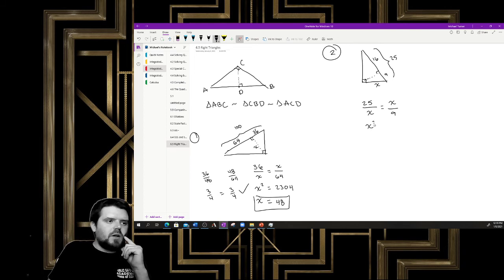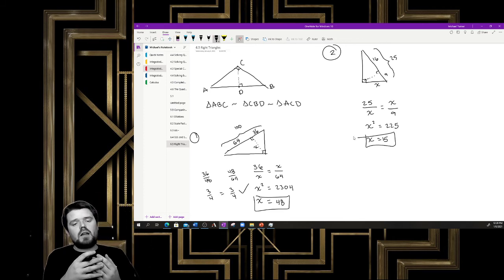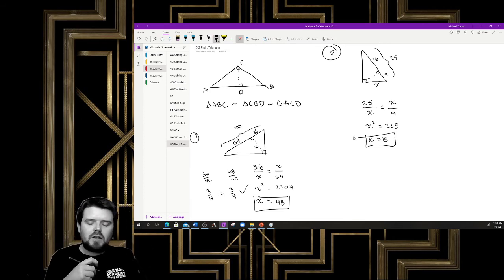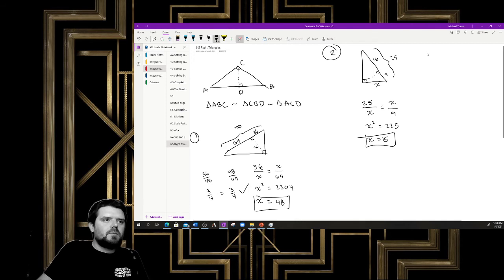So I cross multiply, I get x squared equals 225. And then take the square root, I get x equals 15. Of course, anytime you do a square root, you're going to get two answers, but because we're talking about length, we're ignoring the negative value. So we're just putting the positive 15 here when we take the square root. And that's pretty much all there is to it.